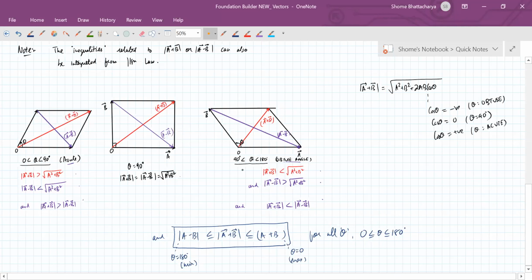So you can also understand these inequalities by this mathematical formula. But as a shortcut, it is easy to remember it on the basis of the visualization of the parallelogram.